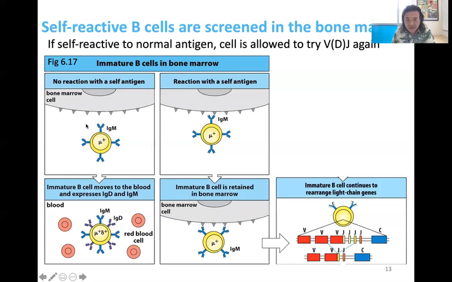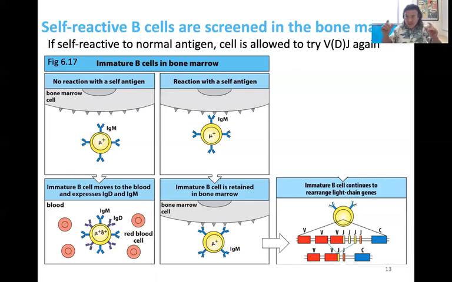So it doesn't encounter anything in the bone marrow that causes trouble. Therefore, this immature B cell is allowed to move out into the blood, and now start taking a look at whether there are other potential self-antigen signals that it might bind to in the blood. What does that suggest in terms of how the IgM on the surface of the B cell signals at this point?